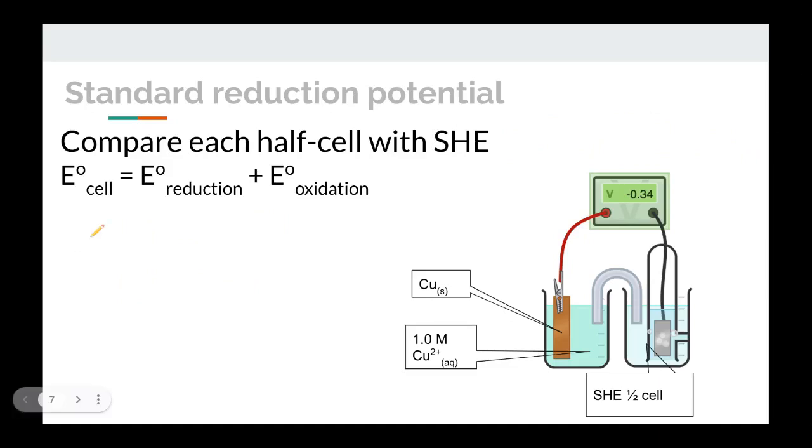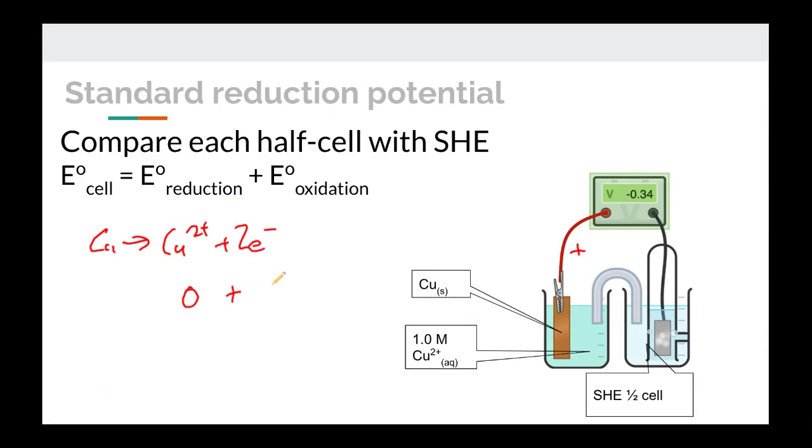Here's a different half cell compared with the standard hydrogen electrode. Once again, because copper is hooked up to the positive voltmeter terminal, we're assuming that copper is oxidizing to Cu2+ and giving up 2 electrons, and that the standard hydrogen cell is reducing. So the reduction potential for the standard hydrogen half cell is 0.